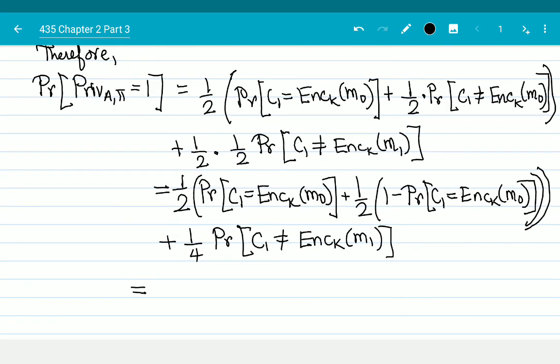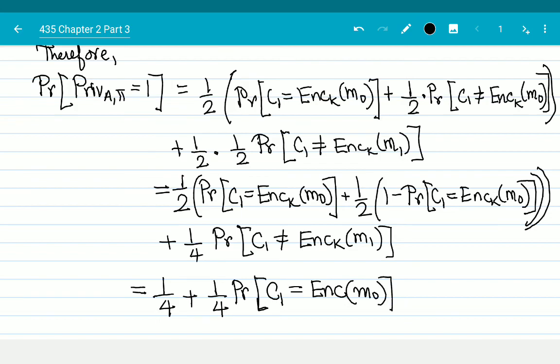Simplifying things out, if I open this I get 1 minus 1/2, so I get 1/2 probability encryption is M0, plus 1/2, so I get 1/4 plus 1/4 probability C1 is equal to encryption of M0, plus 1/4 probability C1 is not encryption K of M1.